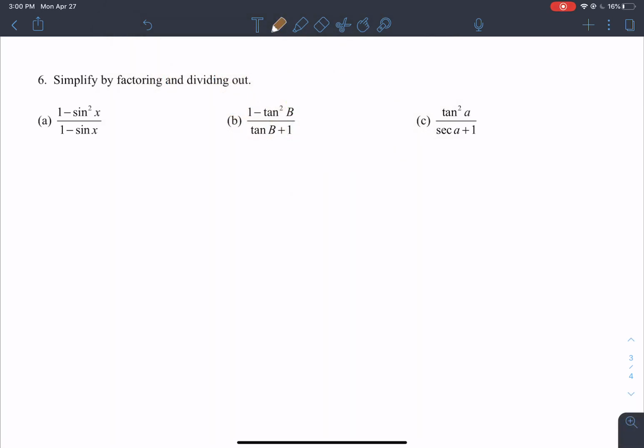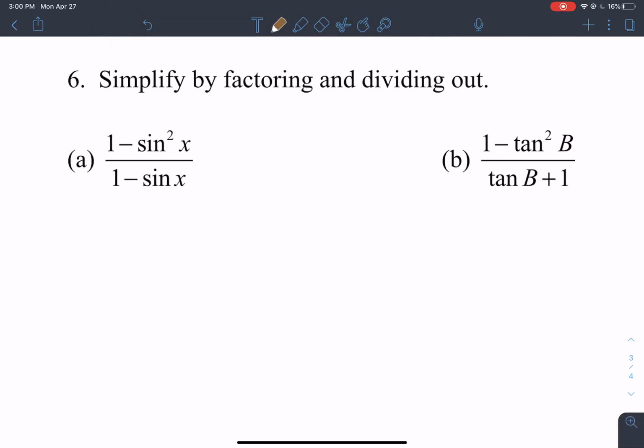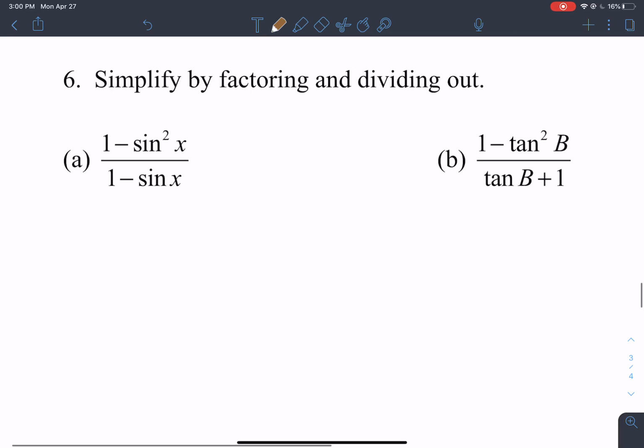Okay, number 6 says simplify by factoring and then dividing out. Now the top one, 1 minus sine squared, is almost like you have 1 minus a squared. So that's a difference of 2 squares, so it'd be 1 minus a, 1 plus a.